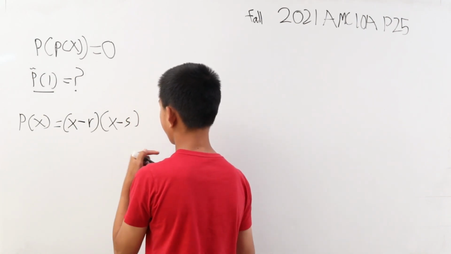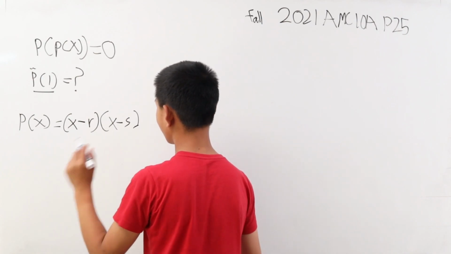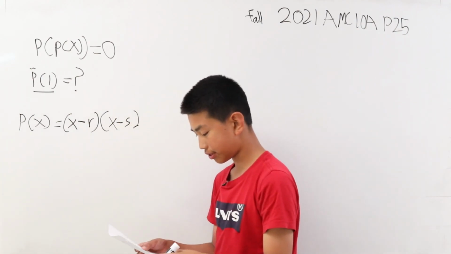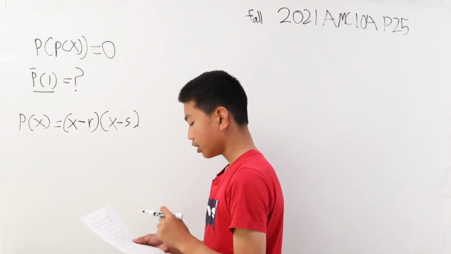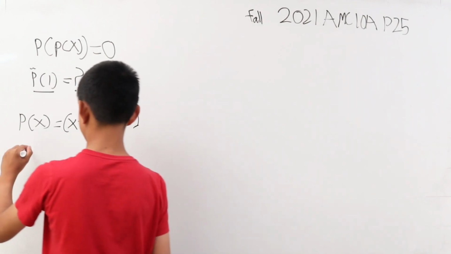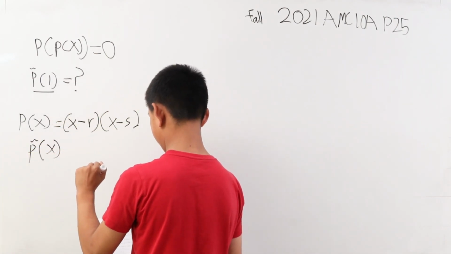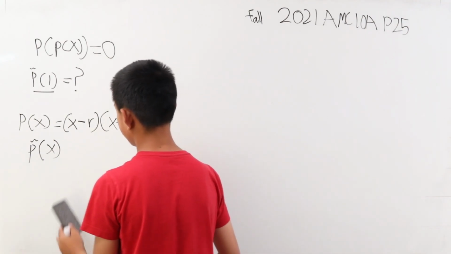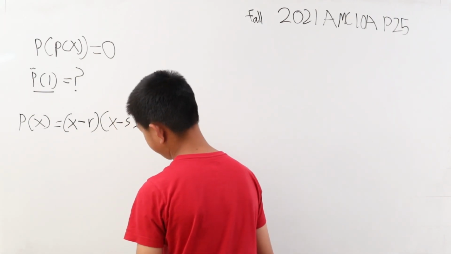Why can that be? It's because r and s are the roots of this polynomial. And the problem also states that we want the max, so p bar line x, the sum of these roots is maximized.